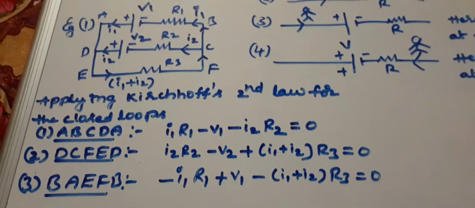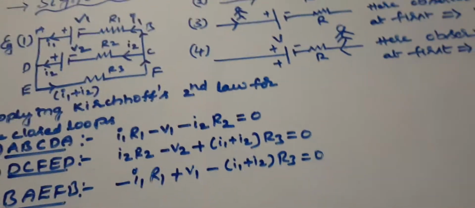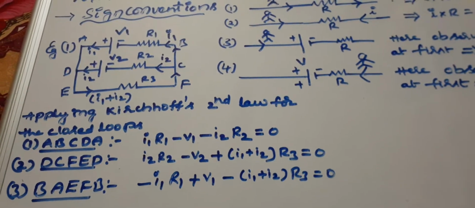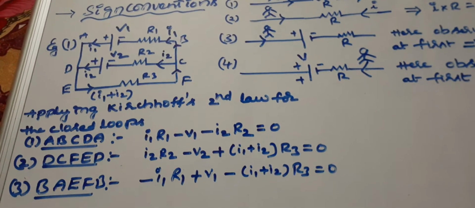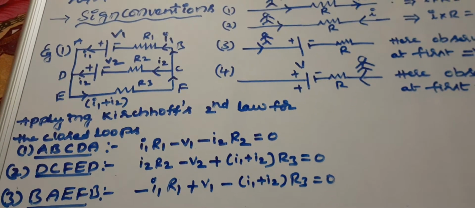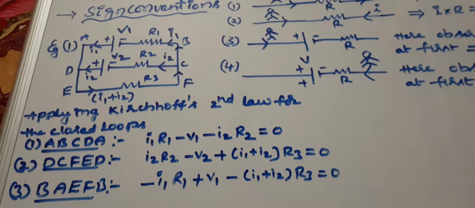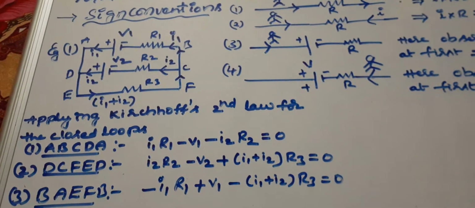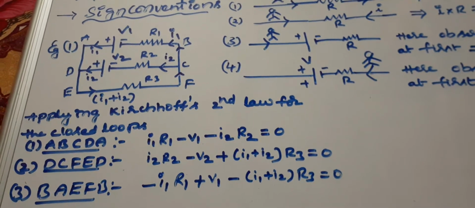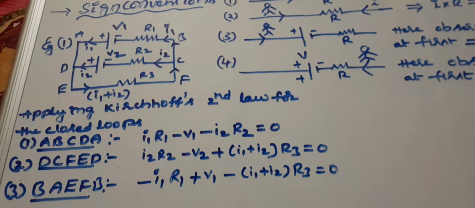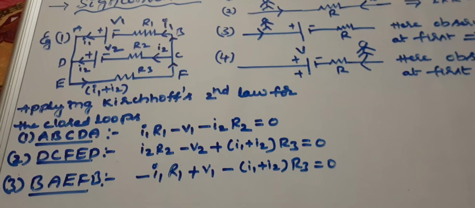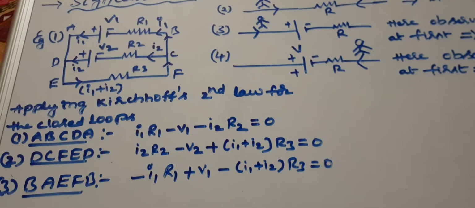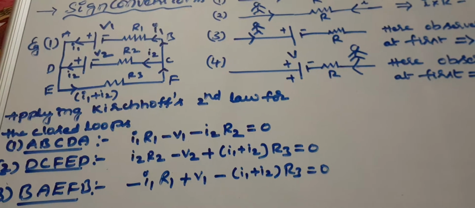Similarly, you can apply the rule, students, for the closed circuit B A E F B, leaving out DC. The observer moves from B to A, then A to E, E to F and F to B. B to A means moving along the direction of the current, so the product of current and resistance is taken with minus sign: minus I1 R1.